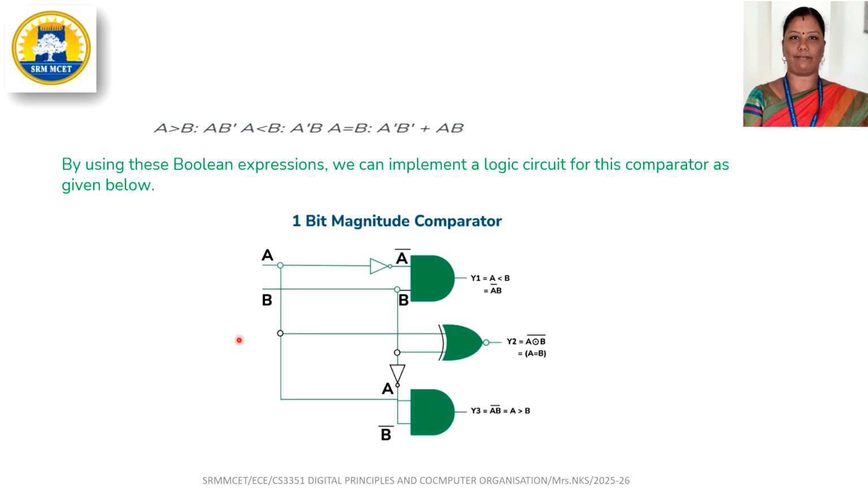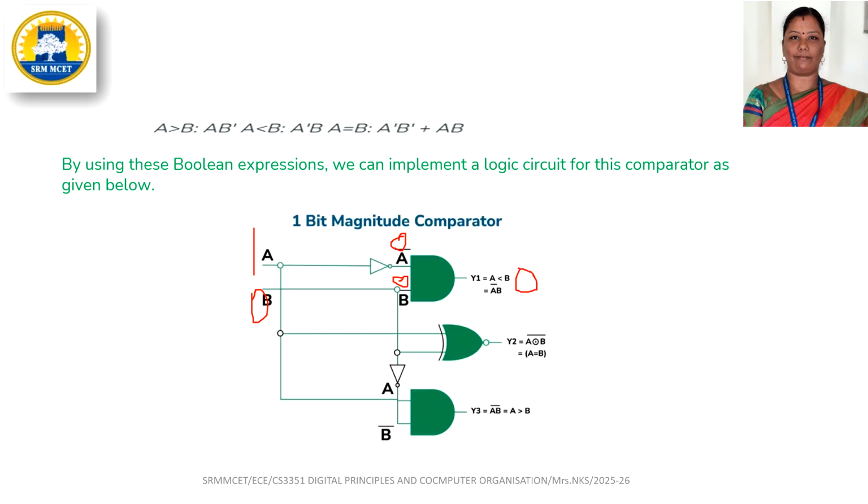If A is 1, this AND gate gets A bar, which is 0, because there is a NOT gate here, and B is 0 already. As this is an AND gate, for 0, 0 input, the output will be 0.